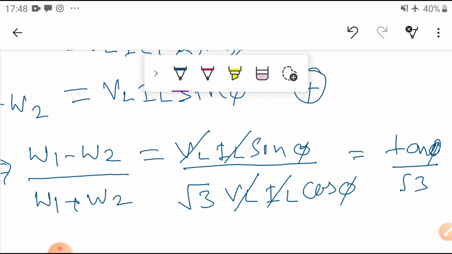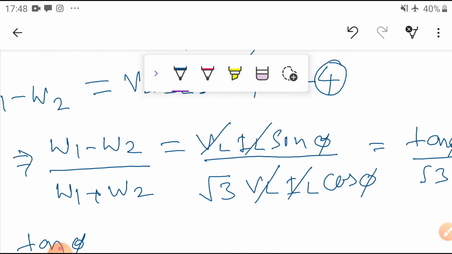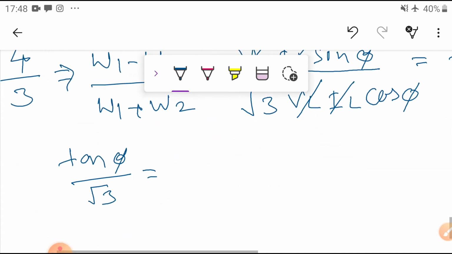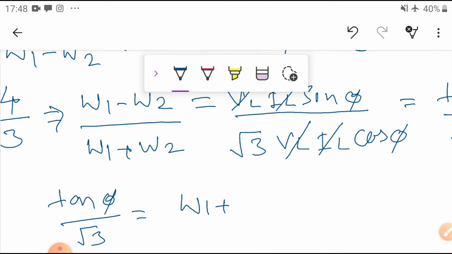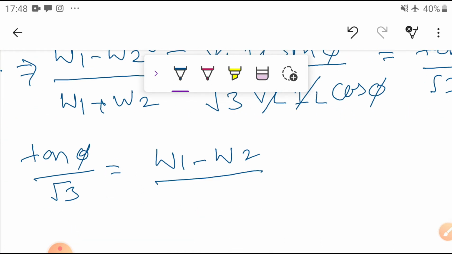That means tan phi by root 3 is equal to, what is the reading? The difference of W by the addition, W1 minus W2, this value divided by this value, W1 plus W2.